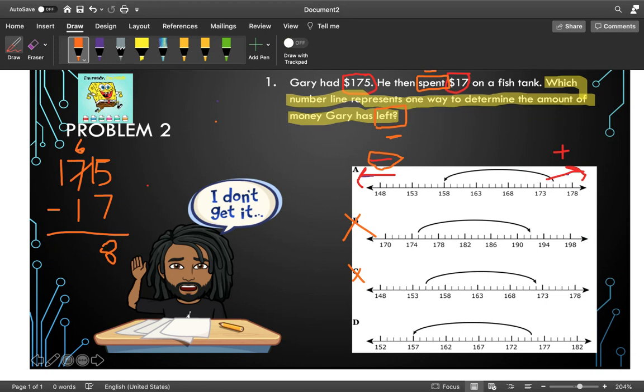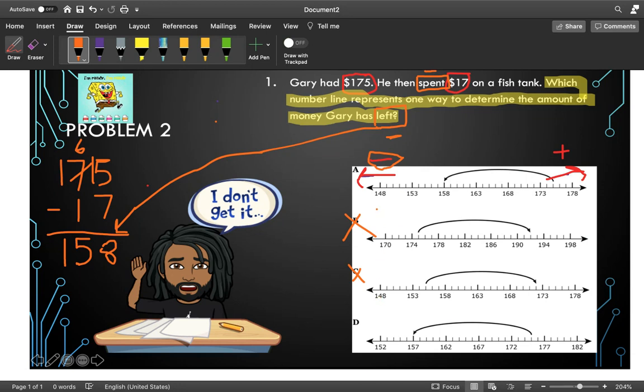Now let's go over. 6 subtracted by 1 will give you 5. Good job. And we will just bring down our 1. 1 subtracted by 0 will be 1 all day. All right. So we know what's left should be what? 158.